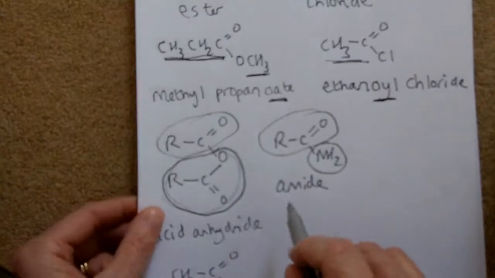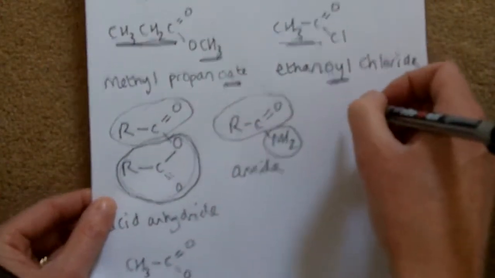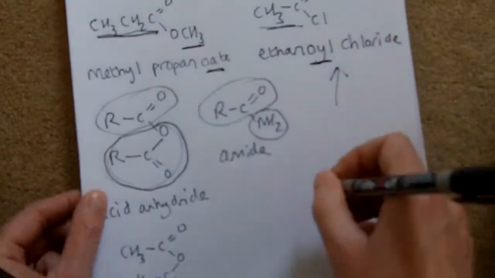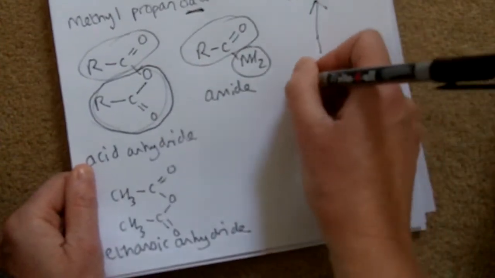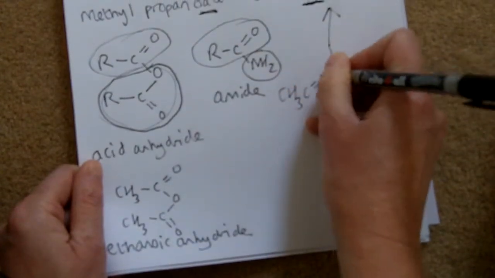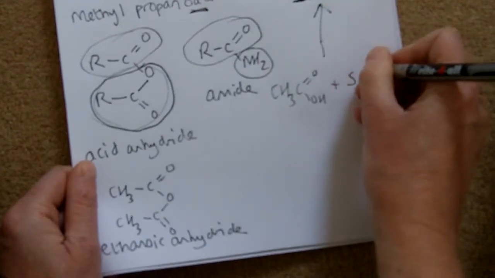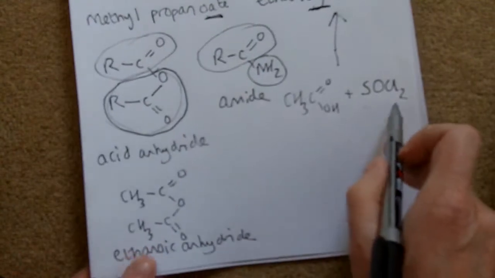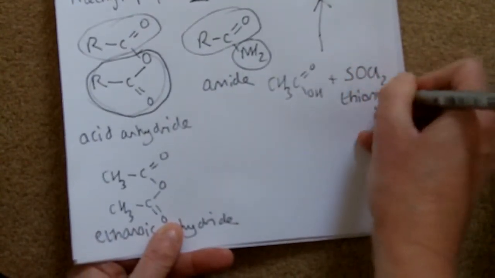The 2 final things is you need to know how to make an acid chloride. How do you synthesize it? You take the ethanoic acid and the chemical SOCl2. That's S for sulfur, OCl2. This compound is called thionyl chloride.